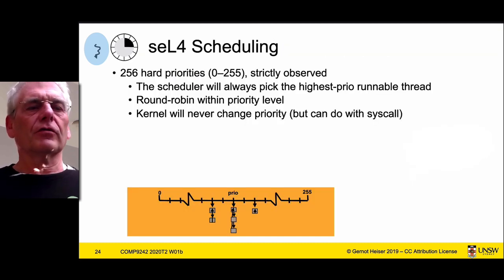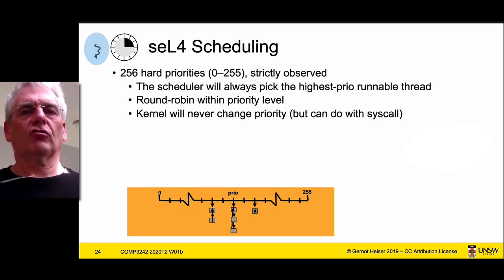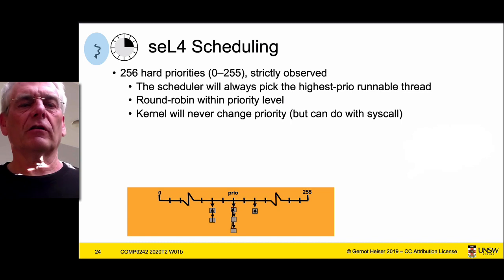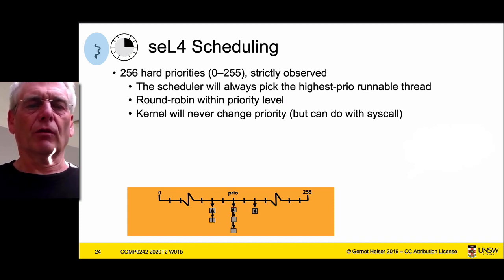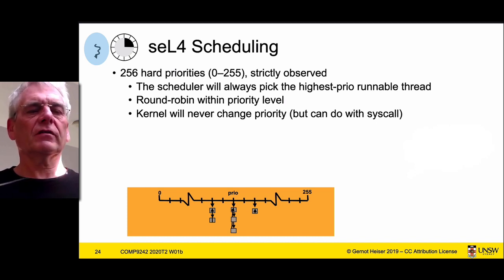Important for threads, of course, is scheduling, and so you need to understand how scheduling works in seL4. seL4 has a hard priority scheduler, which basically means there is a fixed number of priorities, 256, and they are strictly observed by the kernel, in the sense that the kernel scheduler will always pick the highest priority runnable thread, and if there are multiple runnable threads at the same priority, it's round robin within that priority level.